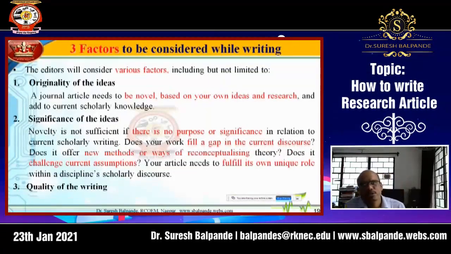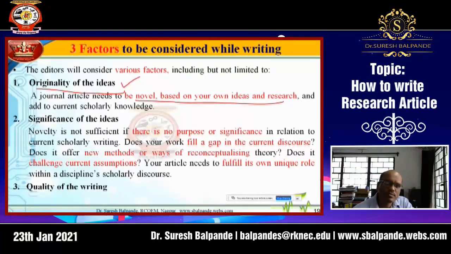Now, factors to be considered while writing the paper. The first important factor, seen from the editor's point of view, is the originality of the idea. This is a very, very important factor: whether your article is novel and based on your own idea or not. This is the first checkpoint.